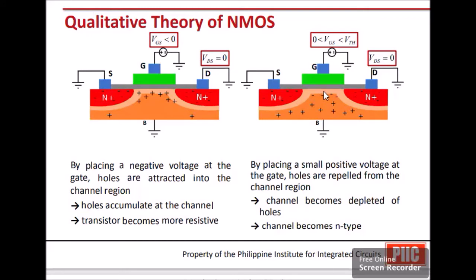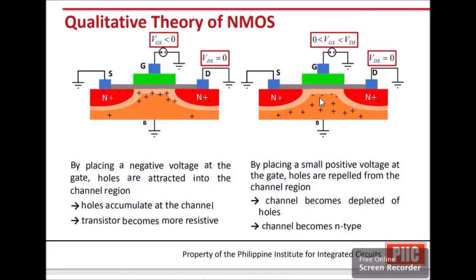And since wala na sila dyan, tignan mo ha, the channel becomes depleted of the holes. So, nawalan na ng holes itong channel. And yung channel natin becomes N-type. So, nagiging N-type na yung ating channel. Okay. So, nagkakaroon na ng chance na magkaroon ng layer or connection itong ating drain and source.